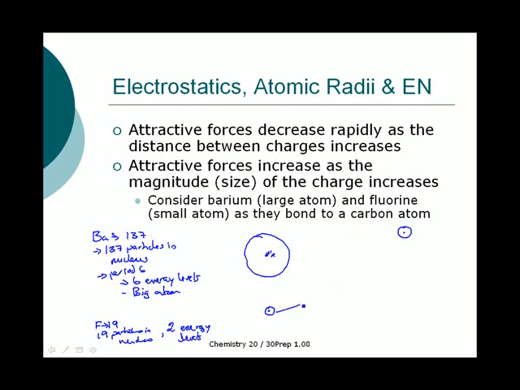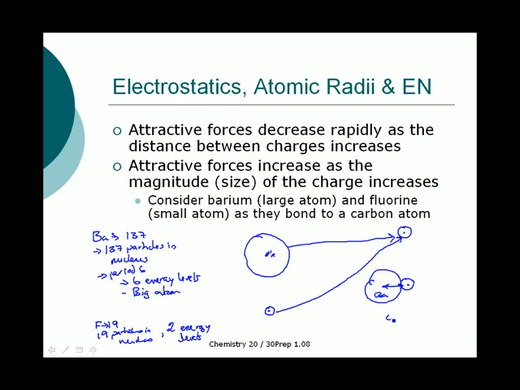Now fluorine is going to be bonded very strongly to carbon's valence electrons. Its positive charge can get much closer than barium. So a barium carbon would be a very big barium, and here's our carbon, and this distance between its nucleus and carbon's valence electrons is fairly big.